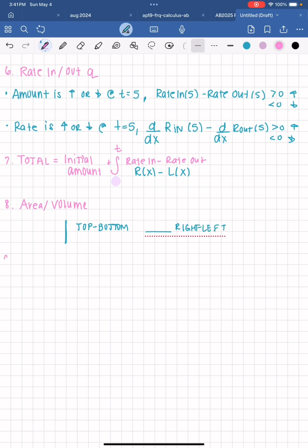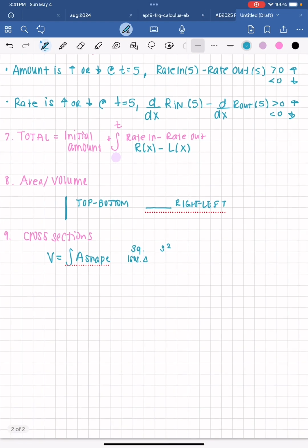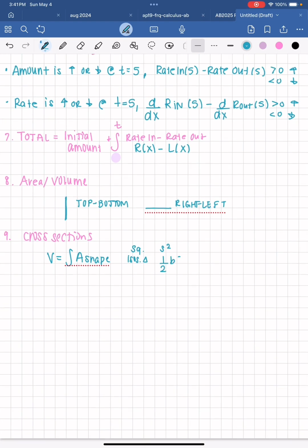Next, they love a good cross-section question. So for cross-sections, just remember, to find the volume using cross-section, you're integrating the area of the shape. And what shapes do you need to know? A square is side squared. An isosceles right triangle is 1/2 base squared.